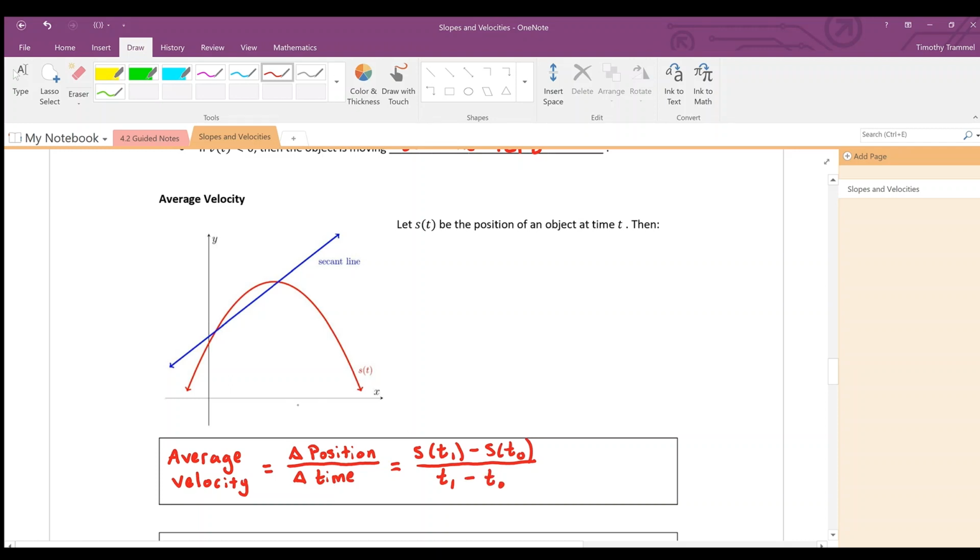Okay. And the connection I want you to make now is, now that we know S is a position function, and you see this little formula here, you might note that our average velocity is just the same thing as the slope of our secant line.